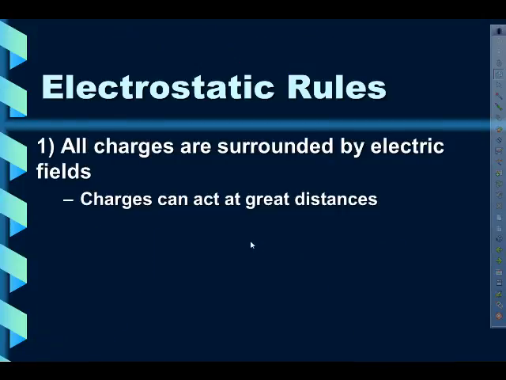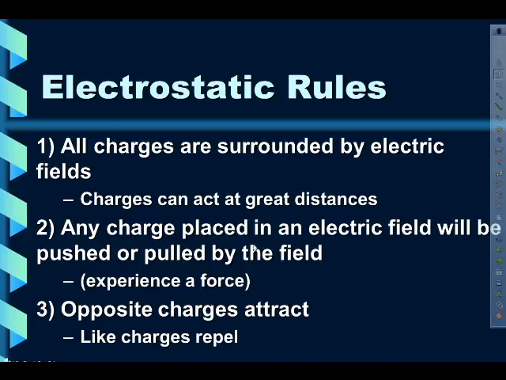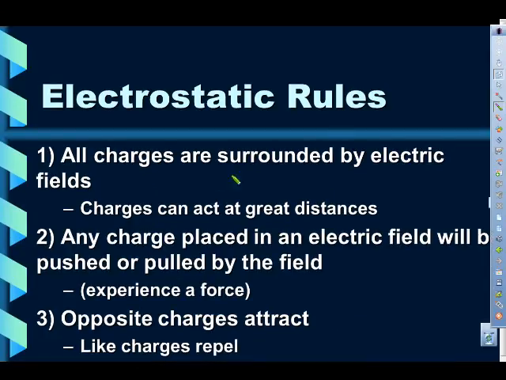So here are the common and typically seen as some of the most important rules that we have. The first one being that all charges are surrounded by an electric field. And that field is supposed to push or pull on objects that are near it. So 1 and 2 kind of go together. We have our charges surrounded by a field, and that field is going to apply a force to anything that comes near it.